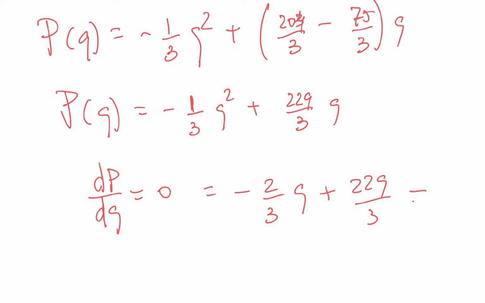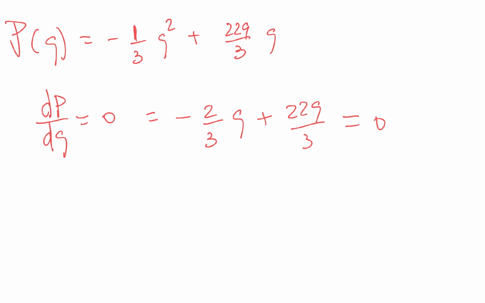I want this to be 0 to find the maximum or the minimum. I want to maximize the profit, I don't want to minimize it, so I expect that this value of Q will maximize the profit.